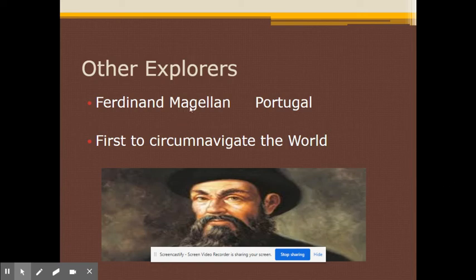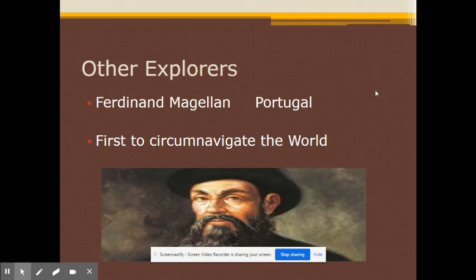So for Magellan, sailing from the nation of Portugal, this is a very important vocabulary word for today. He was the first to circumnavigate, to circle the world.